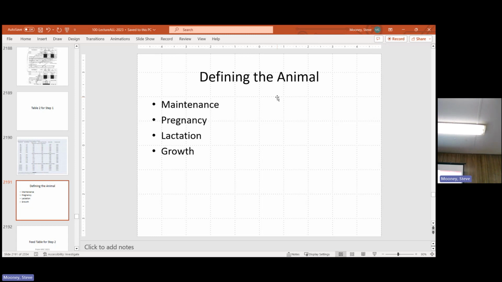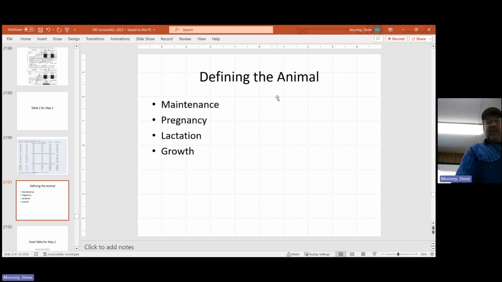So if we do maintenance and pregnancy, a dry cow, we're probably not going to have to worry about lactation, maybe growth in the first calf heifer. Lactating cows, right after they calve, we deal with maintenance, lactation, possibly growth, depending on what age they are and where they're at.